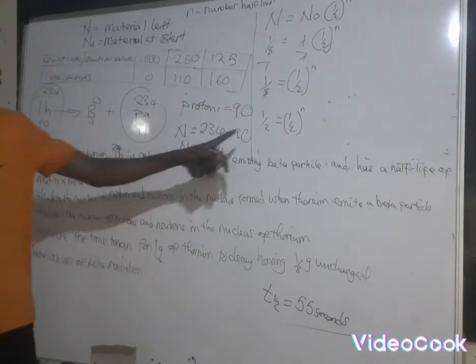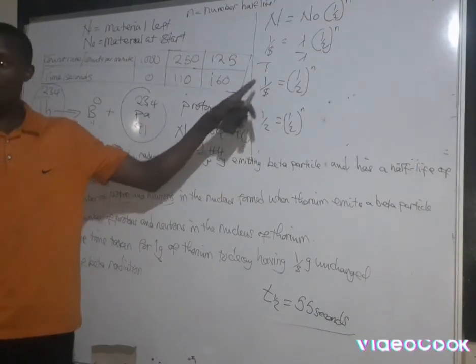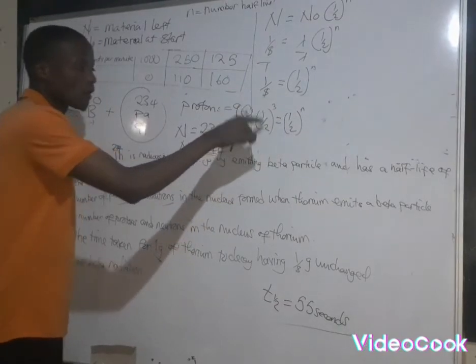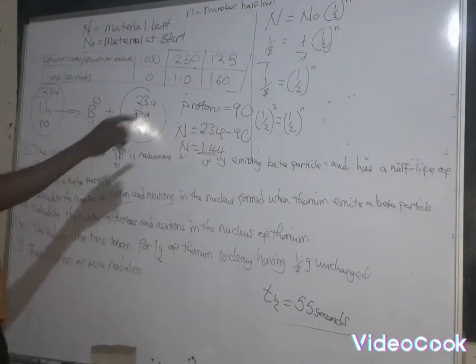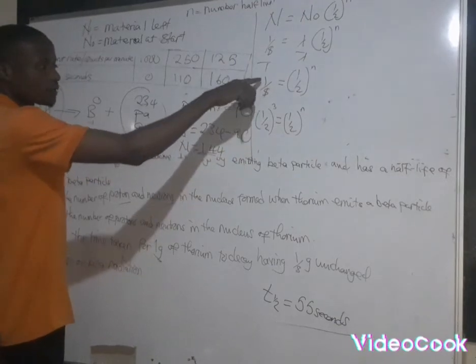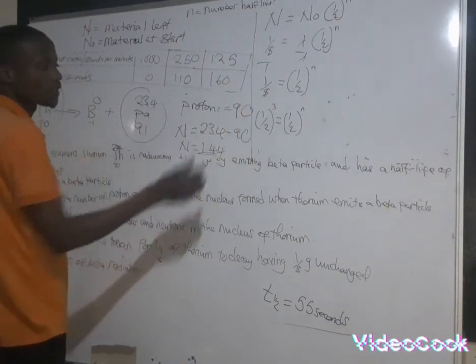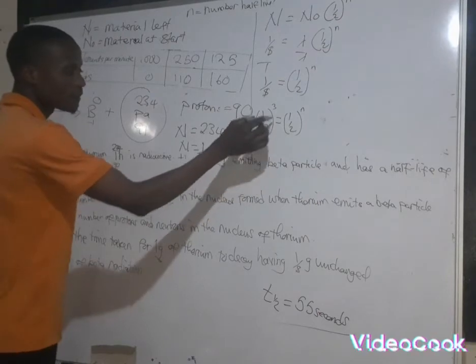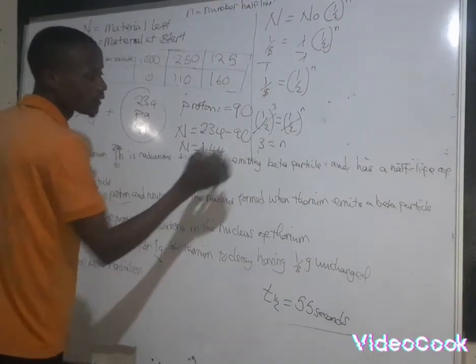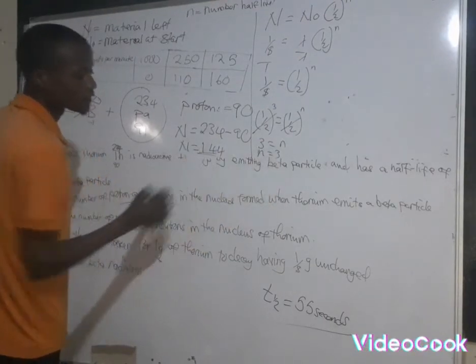You find the number to power this 1/2 to get 1/8, which is 3. When you power 1/2 to the power 3, you get 1/8, because 1 times 1 times 1 is 1, and 2 times 2 times 2 is 8. So once you have the same base, you cancel them. 3 equals n. So n equals 3.